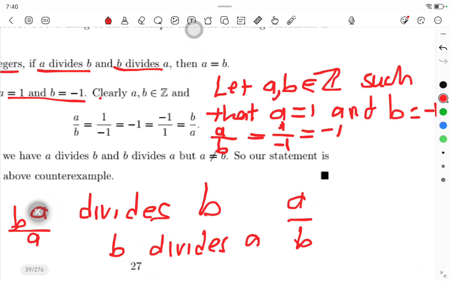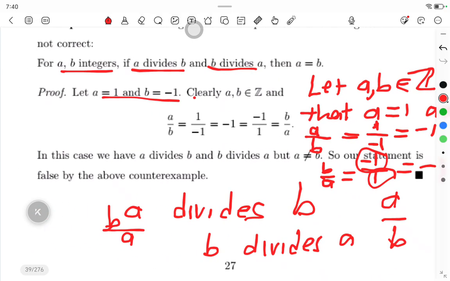So we have b over a, which is -1 over 1, which is equal to -1. They all divide, but a is not equal to b.